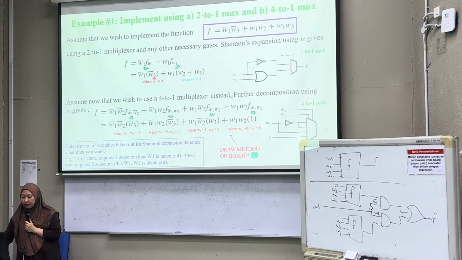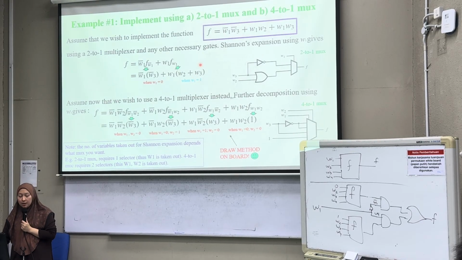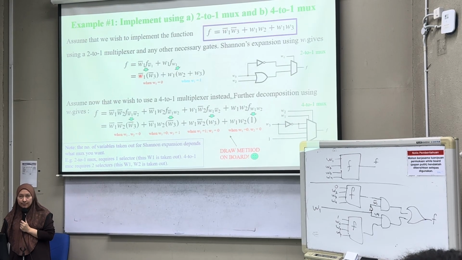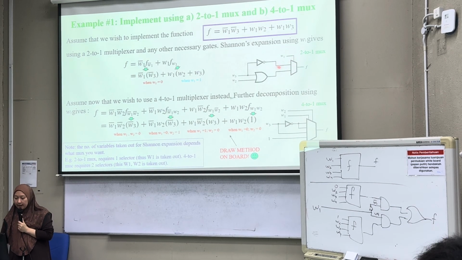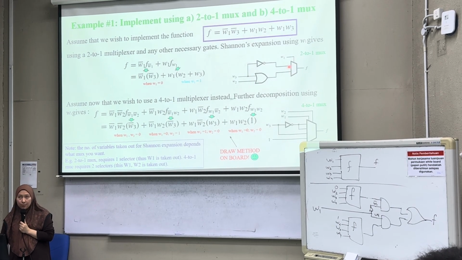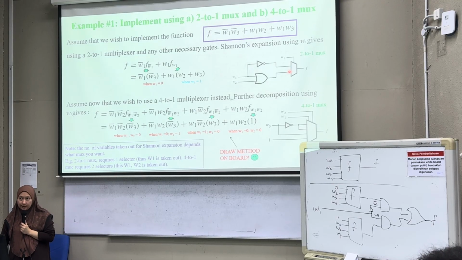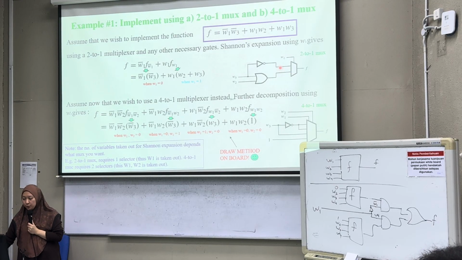So now I've got a simpler circuit that I can use, whereby W1 is my select line. I can set what my data inputs are. So this is for a 2-to-1 mux.